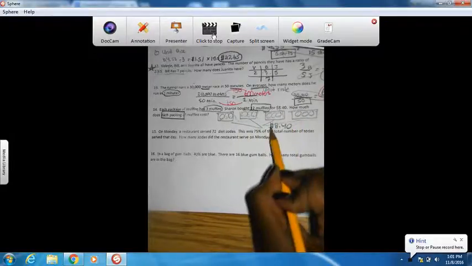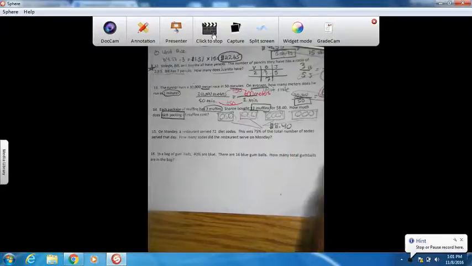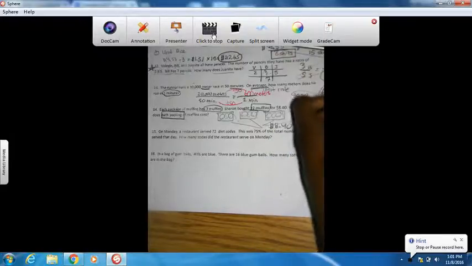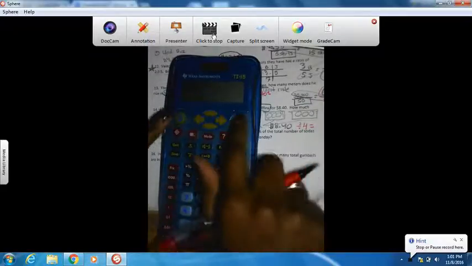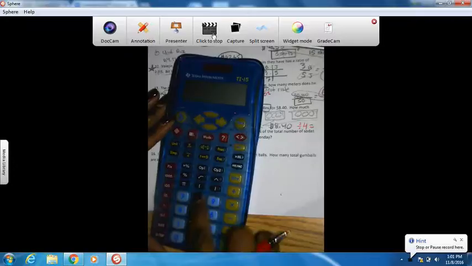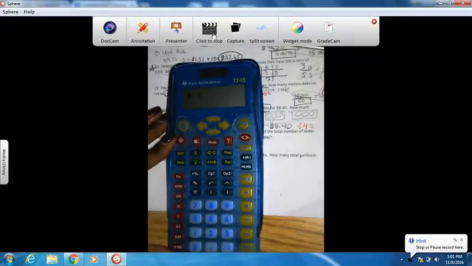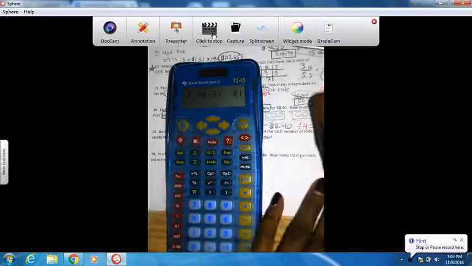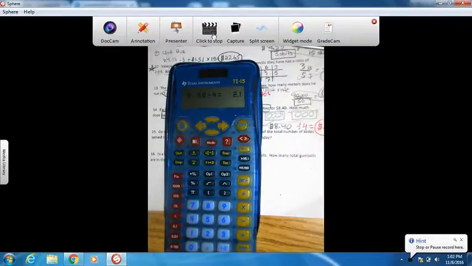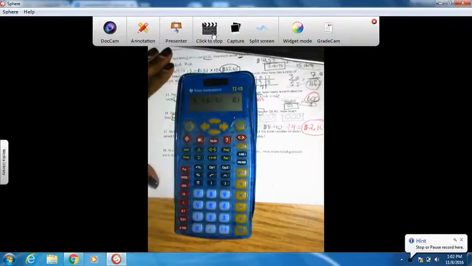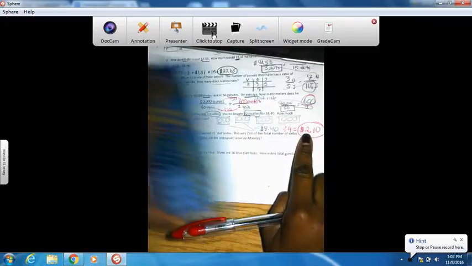So I'm going to do my total divided by the amount of packs that we have. $8.40 divided by 4 gives us $2.10 for each package.